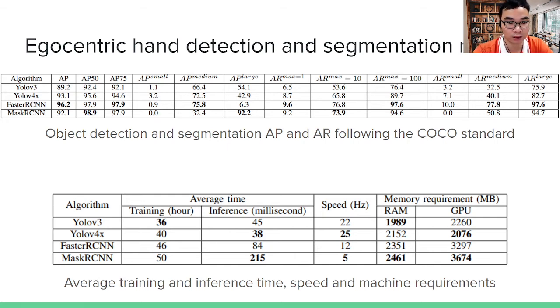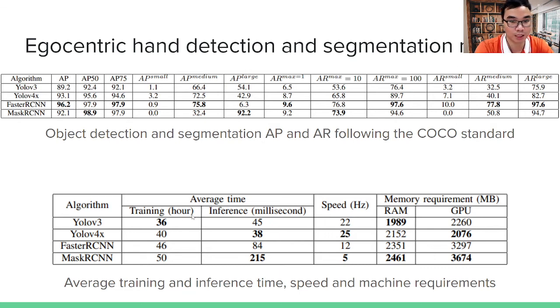It obtains 54%, but it is still worse than the Mask RCNN, which acquires 92%. In terms of average recall, again, the Faster RCNN performs the best with 97 for both average recalls. This means that this model can detect almost all large hands in the dataset.